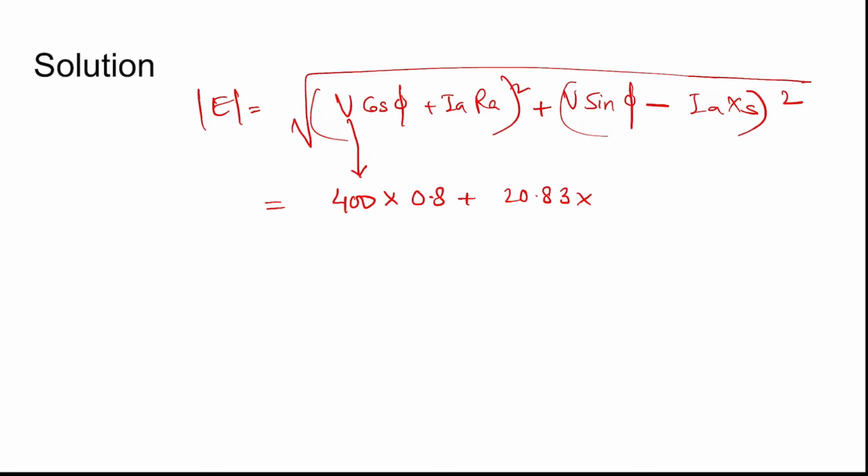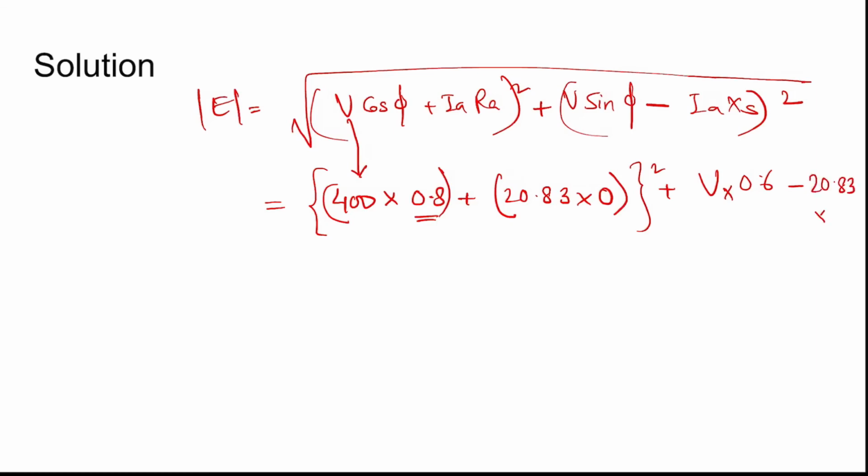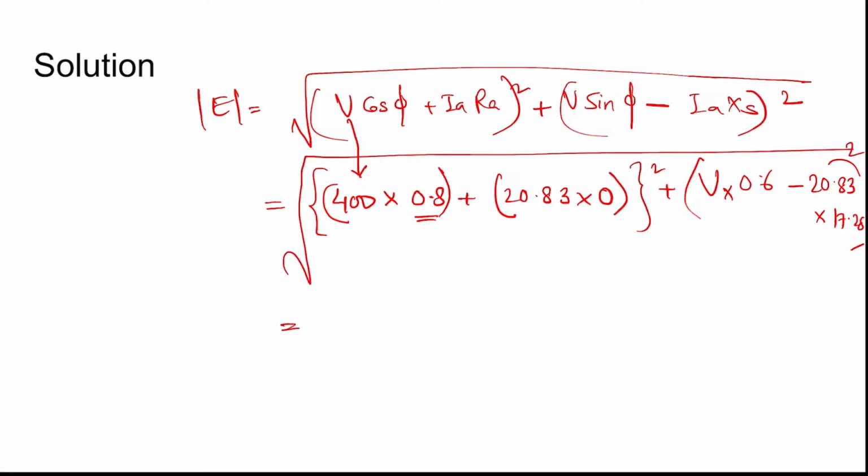Now that armature resistance value is neglected as it is being asked in the question. So this whole square plus V into sin phi, where cos phi is 0.8 and sin phi is 0.6, minus Ia per phase, 20.83, into Xs per phase, that is 17.28, and then we have the whole square of this whole root over.